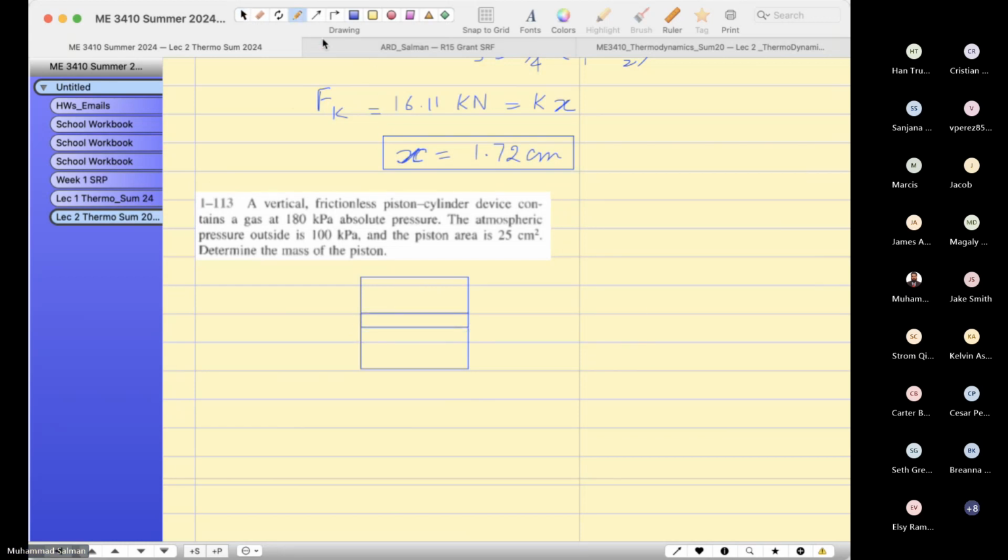Okay, I would use this bigger size here. It's similar to the previous problem. The piston contains gas. The gas is contained here at a pressure of 180 kilopascals, absolute pressure.